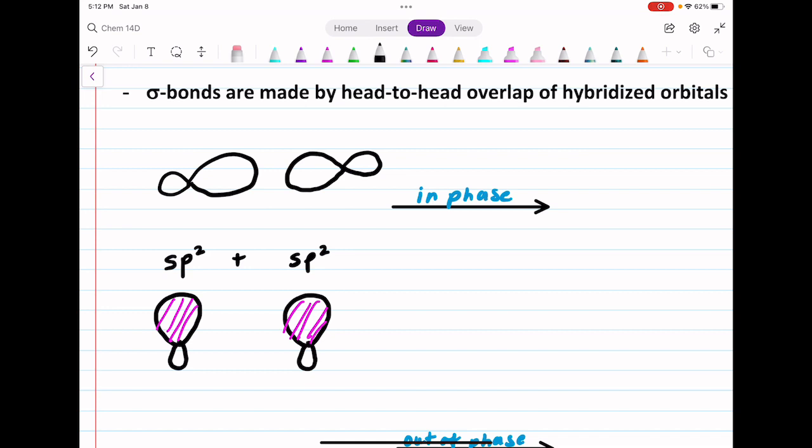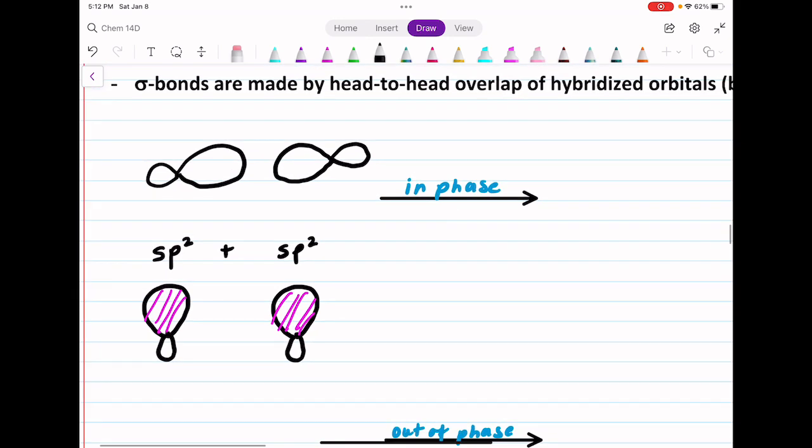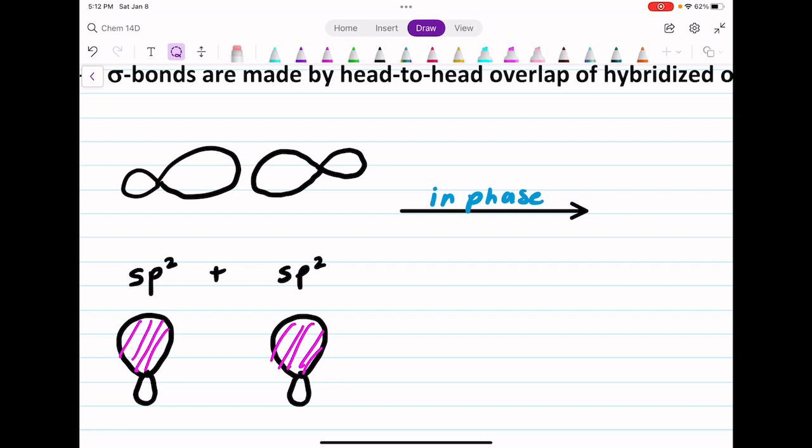If a pi bond is the only bond there, then by definition it's not a pi bond, it's a sigma bond. So the sigma bond is the first bond we form between two things, which means the sigma bonding molecular orbitals are going to be made by overlapping the atomic orbitals in the most optimal way possible, because it's the first time we're forming a bond between the two things. So the most optimal way to overlap these orbitals would be head-to-head.